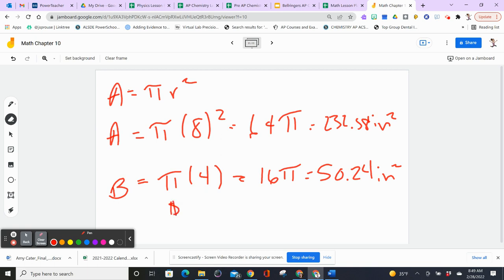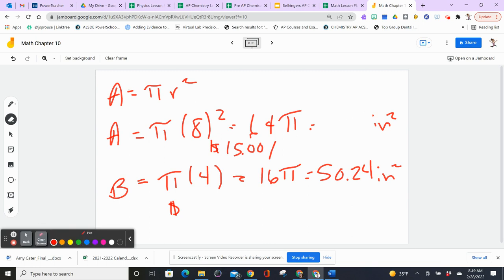An entire pizza A is $15. So I'm going to take the $15 and divide it by 64 times 3.14. I have to make sure I clear out my calculator.